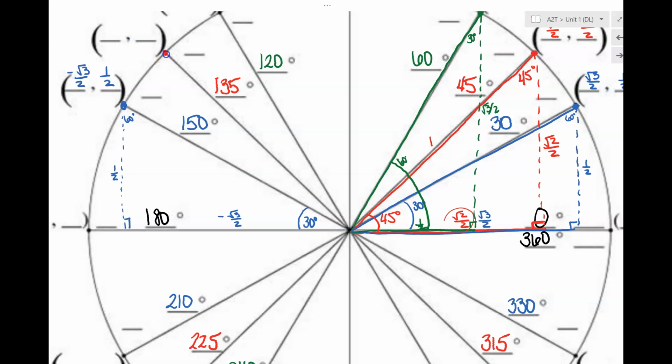For this coordinate, how far is that ray from 180? What's the space between 135 and 180? It is 45 degrees. Do you see why I use the colors now?